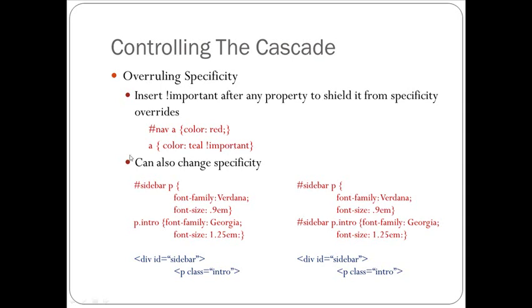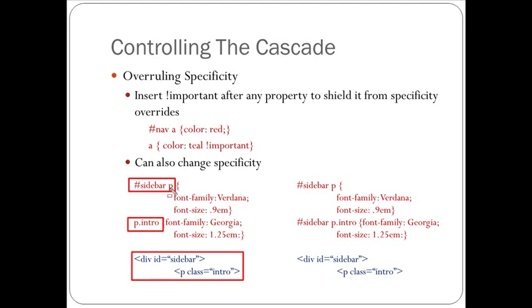You can also manage the specificity. So if you look at the example here, first of all, the HTML example is a divider with an ID, a sidebar, and a paragraph tag with a class of intro nested inside of that. Well, if we're looking at that paragraph tag and styling that, both of these selectors style that.